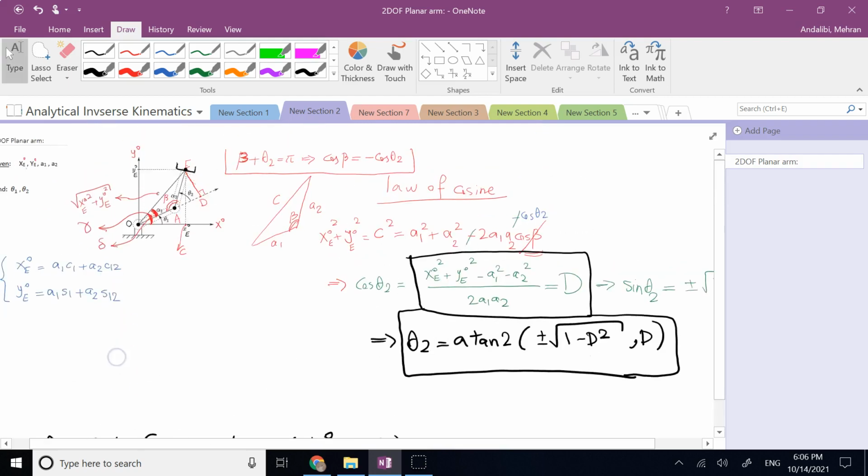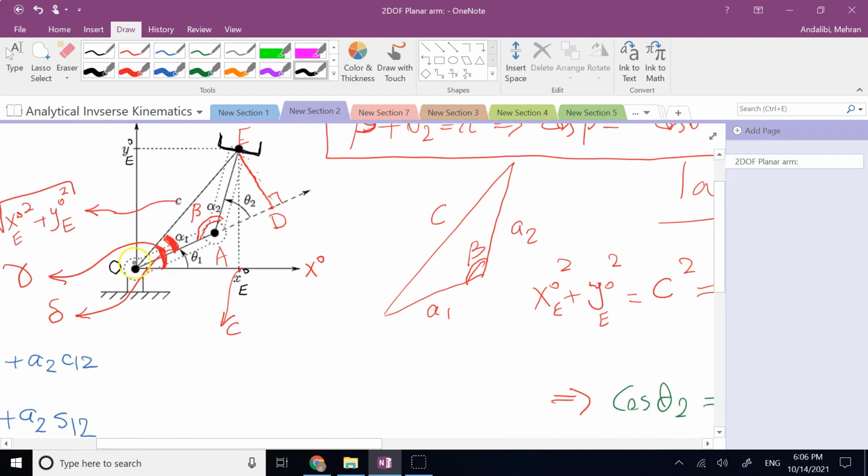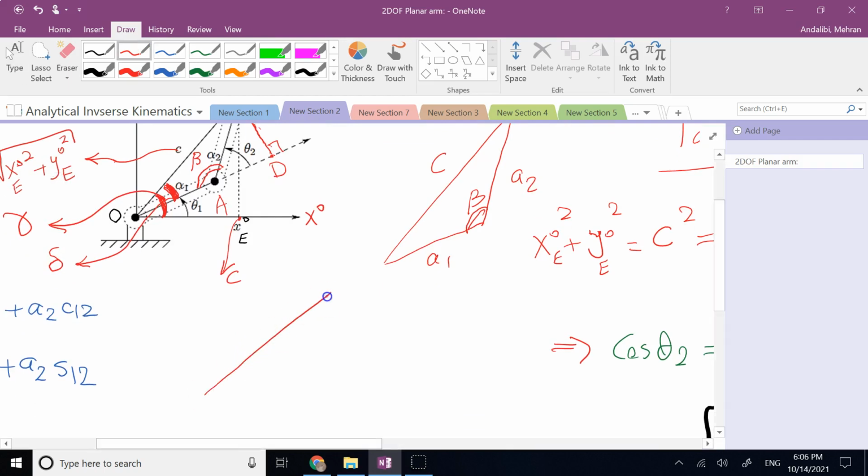What is delta? For delta, I use this triangle OED. If I draw that OED for you here, this part of it is A1, this part of it is A2, and this angle is theta 2. The adjacent part of it is going to be A1 plus this much.